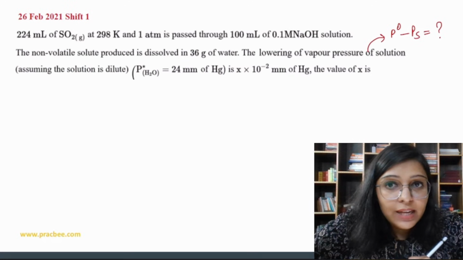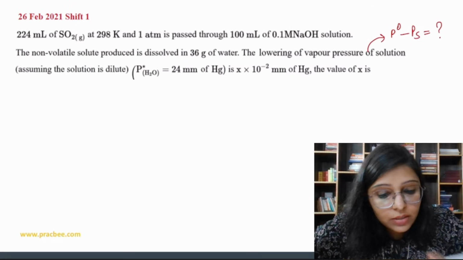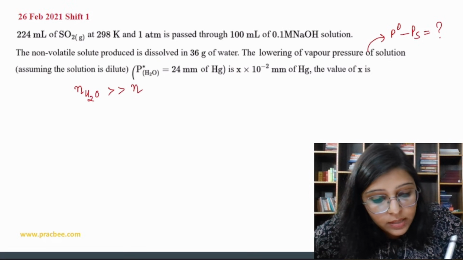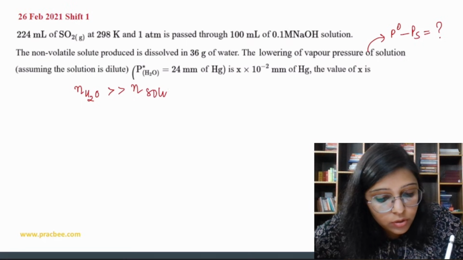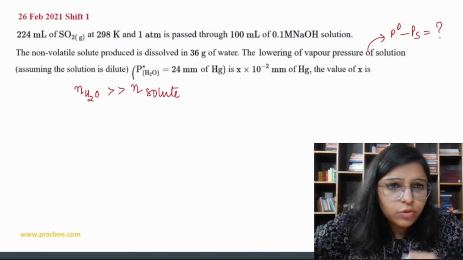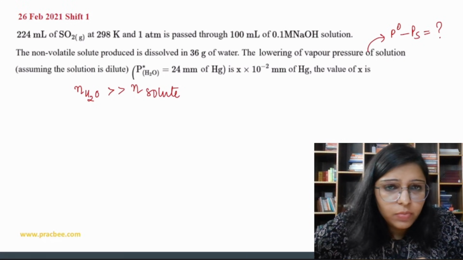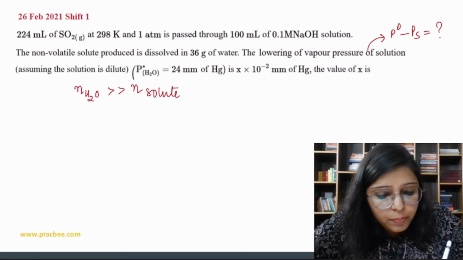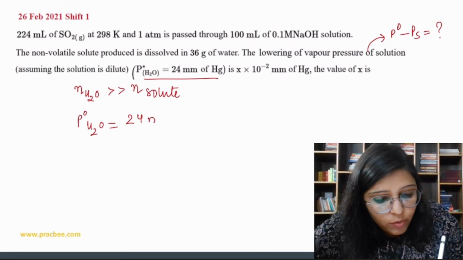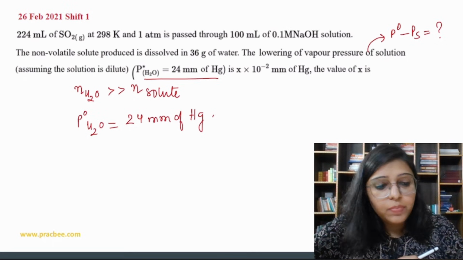Assuming the solution is dilute, it means the number of moles of water is too much in comparison to the number of moles of solute. P naught is given, that is 24 mm of Hg, and we have to find out the lowering of vapor pressure, right?